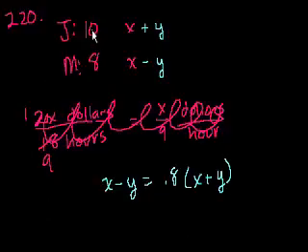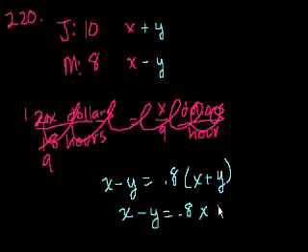Either way, X minus Y equals 0.8X plus 0.8Y. The logic is that Mary's total money, if we're going to be fair, should be 0.8 of John's total money because she worked 0.8 as many hours.